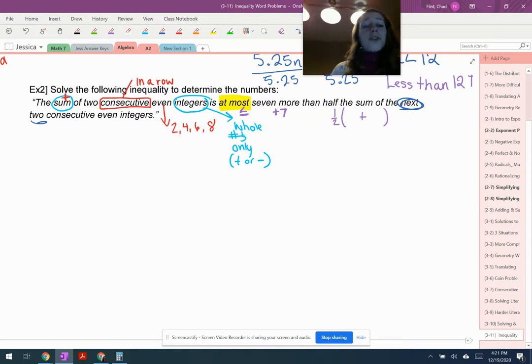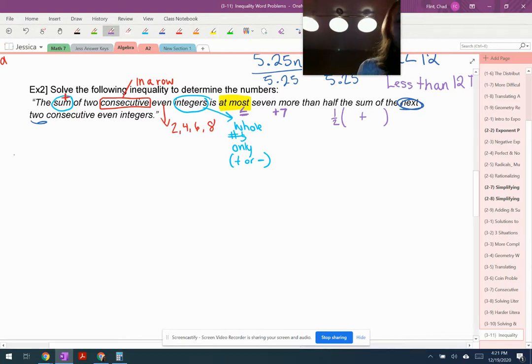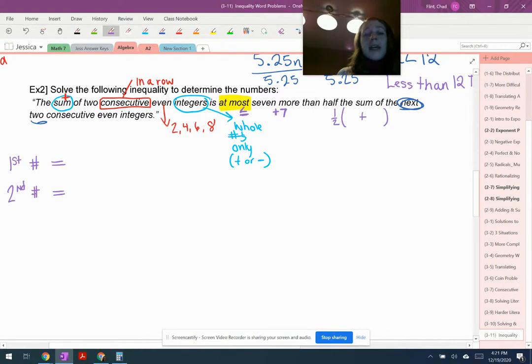So the sum of two consecutive even integers. So that means we at least have two numbers. So I'm going to start my let statement off with first number equals, second number equals. And if we're talking about consecutive even integers, whenever I'm doing these, I really suggest you get some numbers down as a base, as some examples to deal with.